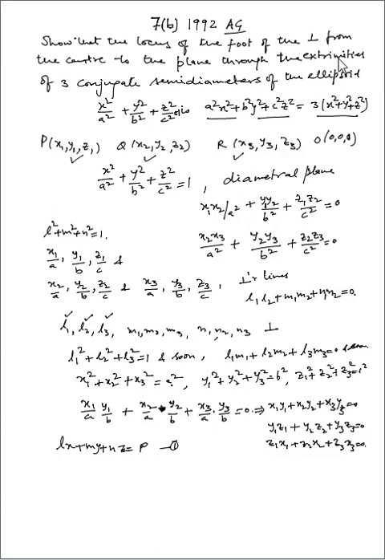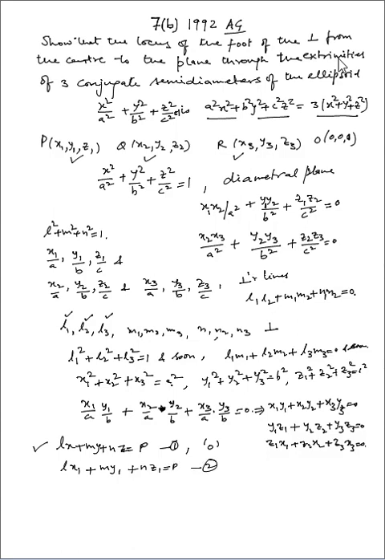Let the center of the ellipsoid be O. O is the center, and the centers of the plane's reference and the ellipsoid are the same, that is O. And since this plane passes through P, Q, R, it means P, Q, R satisfy this equation. It means l x1 plus m y1 plus n z1 is equal to p.